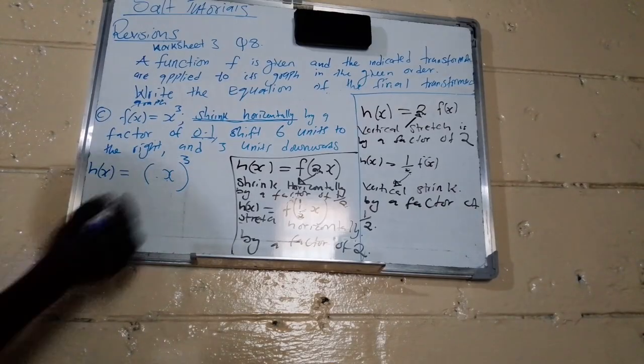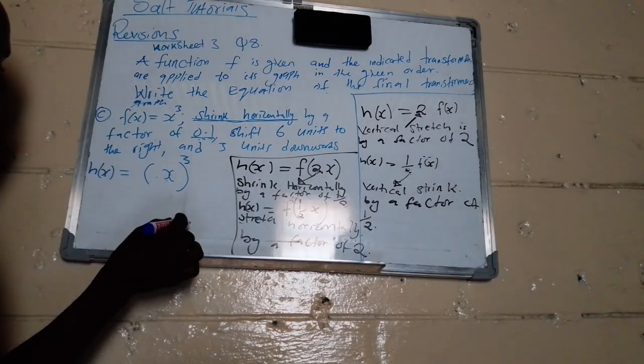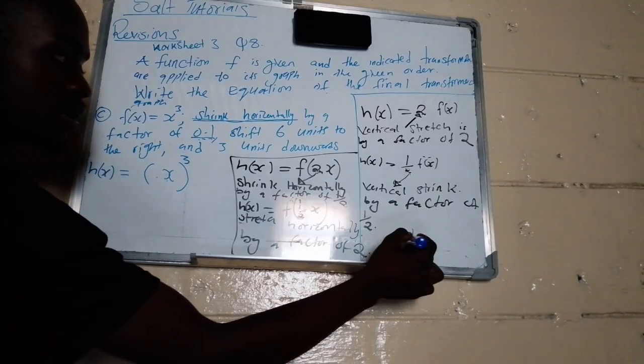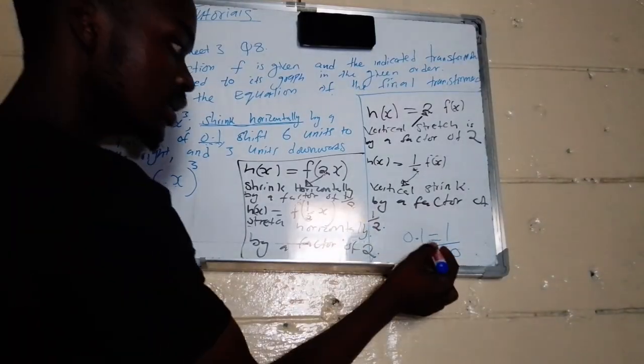For it to shrink by 0.1, remember this 0.1 is the same as 1 over 10.